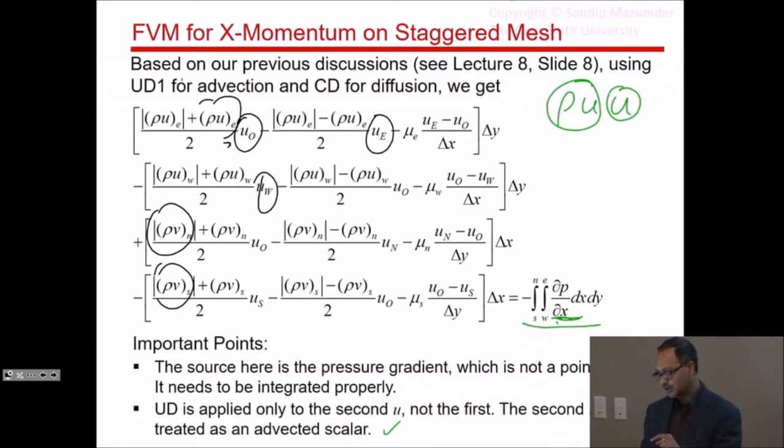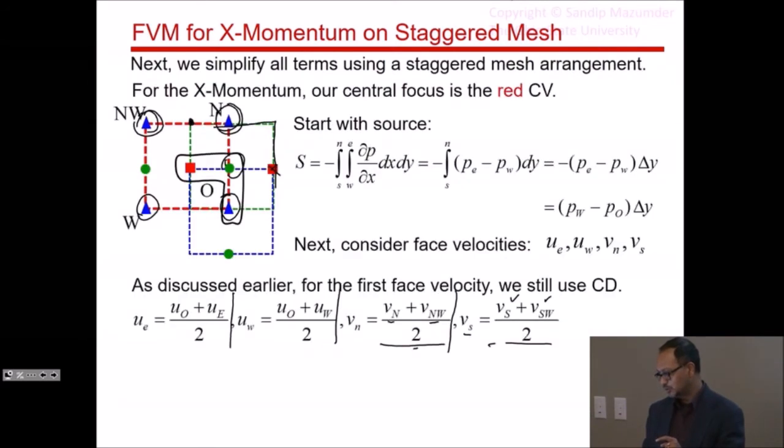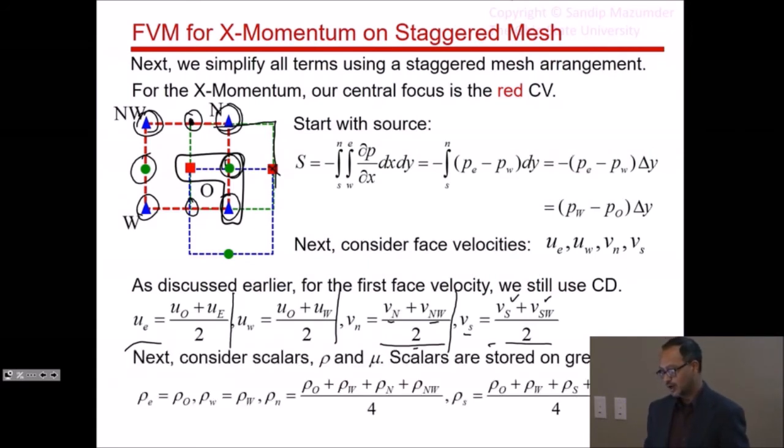We figured out how to do u east, for example. We also need to figure out how to calculate rho east. We need to find density at this face, that face, that face, and that face, because we need rho east, rho west, rho north, rho south in those expressions. So how do we do that?